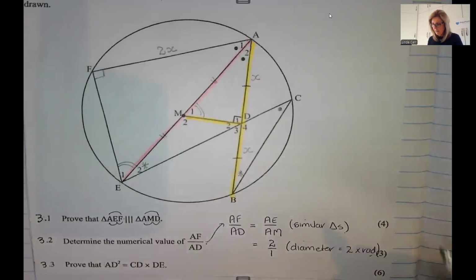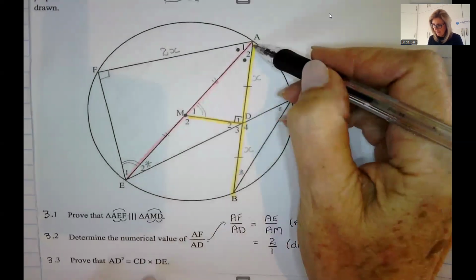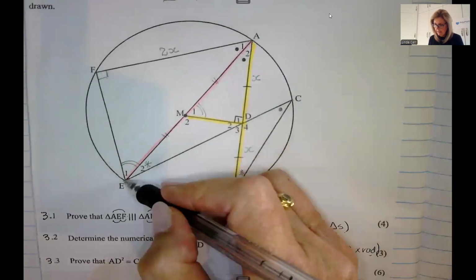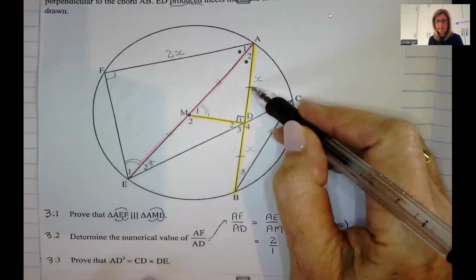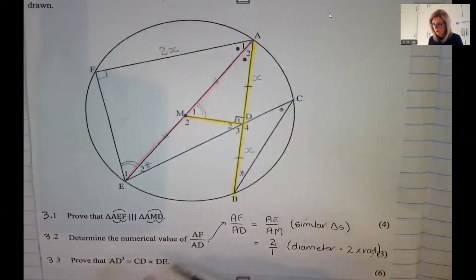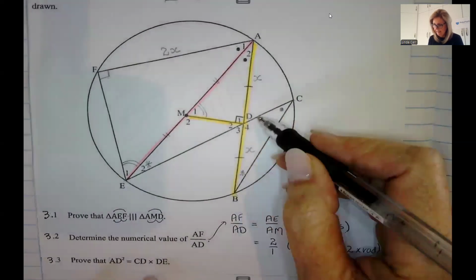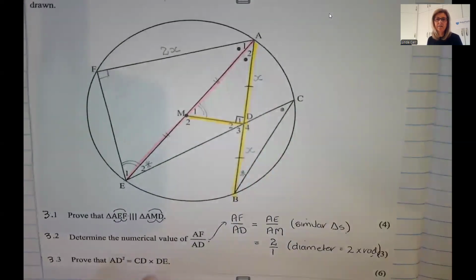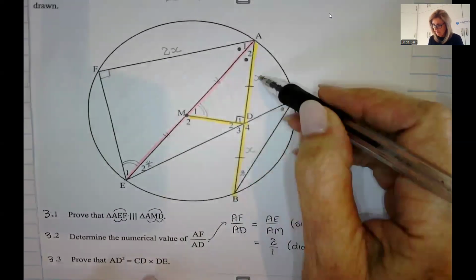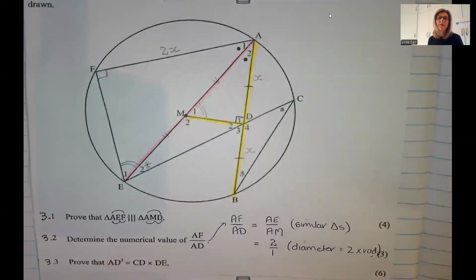So if I look more carefully now, I've got triangle ADE, which has AD as a side, and then I've got triangle BDC, where BD is a side, and we've gone out of our way to tell ourselves that AD is equal to BD.